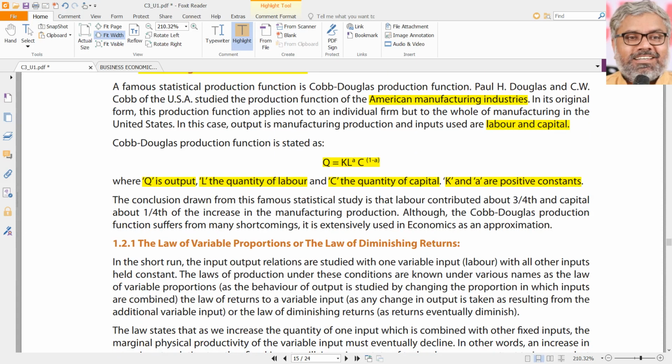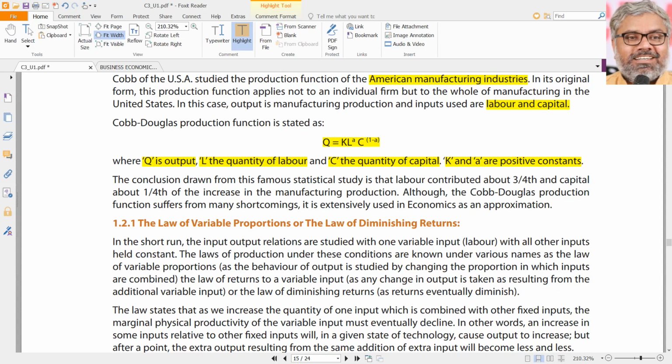But their survey or research showed that labor contributed around 3/4 and capital contributed around 1/4 of the increase in manufacturing production. Once again, is it relevant now? We cannot tell that. What technology was existing when they did the study, what technology we are using now, there is no comparison at all.